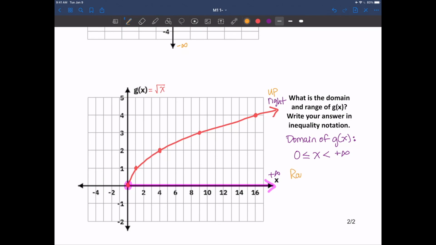So the range of g of x is 0 less than or equal to y, which is less than positive infinity, because that's where we're going. And I know I didn't highlight it, but let me go ahead and go back and do that. So from 0 to positive infinity.